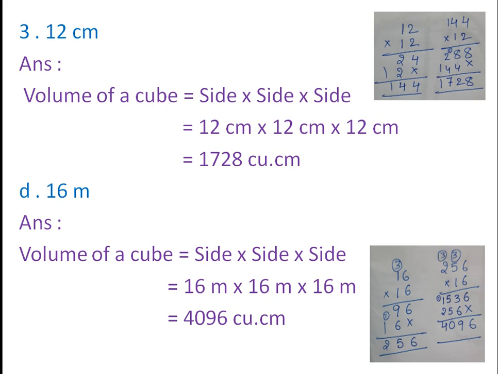What is the formula for the volume of the cube? Side multiplied with side multiplied with side. Three sides are there in the volume of the cube, and write down the side value, 16 meters, and multiply the 16 three times. See here, calculation is there. 16 16s are 256, 256 16s are 4096 cubic centimeters is the answer for this problem.